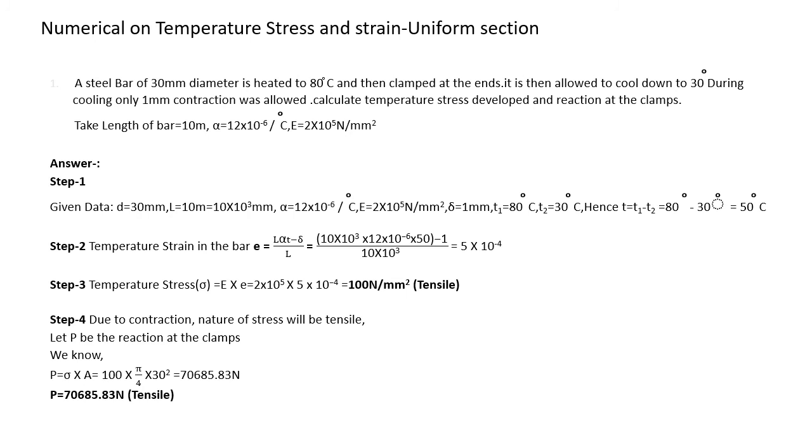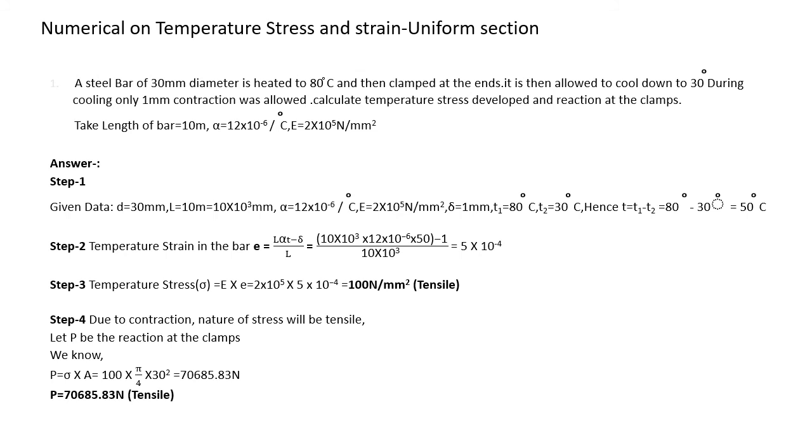Step 1. List out the given data. Then find the net temperature change from the initial temperature, that is 80 degrees, and the final temperature, that is 30 degrees. We get net temperature 50 degrees.